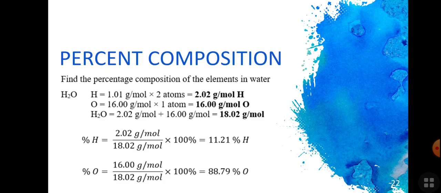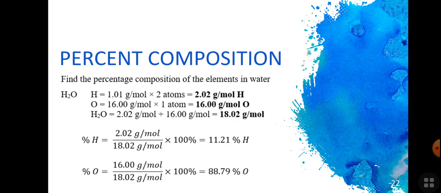percent composition of element X is equals to the molar mass of the element X over the molar mass of the compound times 100%. For hydrogen, 2.02 gram per mole over 18.02 gram per mole times 100 is equals to 11.21%.